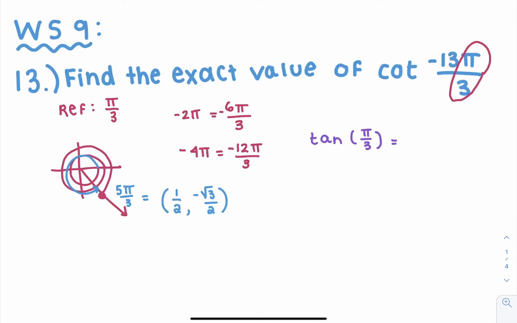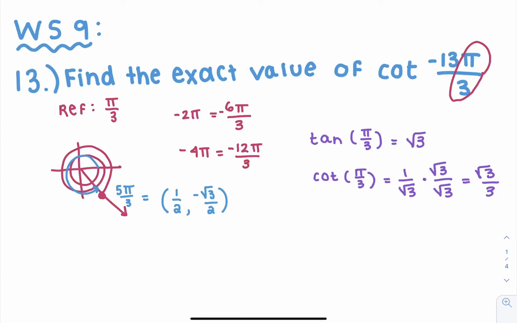Tangent of pi over 3 is square root of 3. Now we're working with cotangent and we're in the fourth quadrant. So cotangent of pi over 3 is going to be flipped. So it's going to be 1 over square root of 3. And I have to rationalize by multiplying by the square root. So I get square root of 3 over 3.